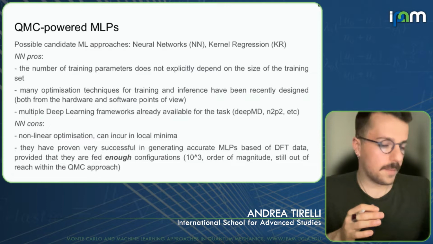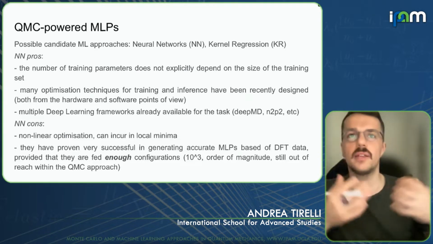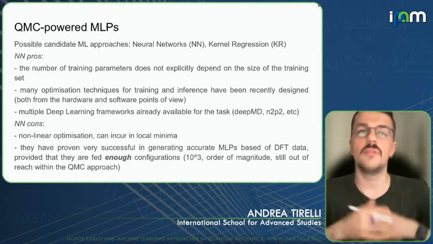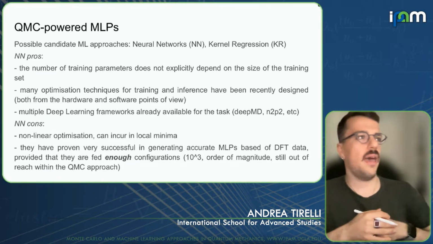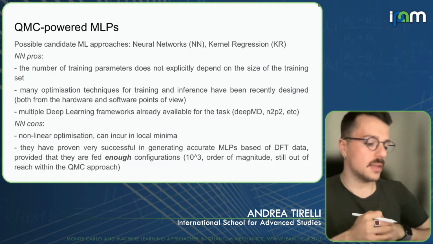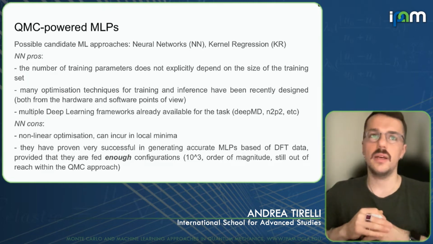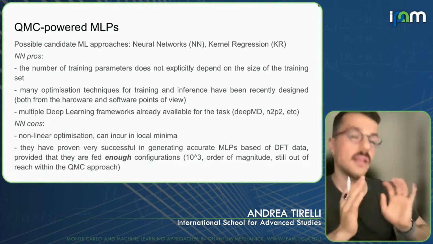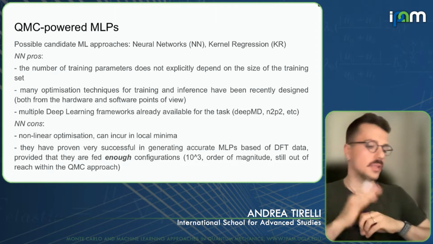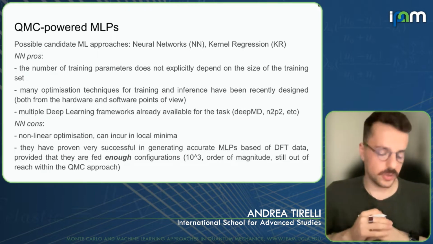Given that, of course, before trying to reinvent the wheel, one has to look for alternatives and for the efforts that have already been made in the scientific community. Machine learning potentials have been constructed in the literature with mainly 2 techniques. The first is neural networks, and the second is kernel regression.